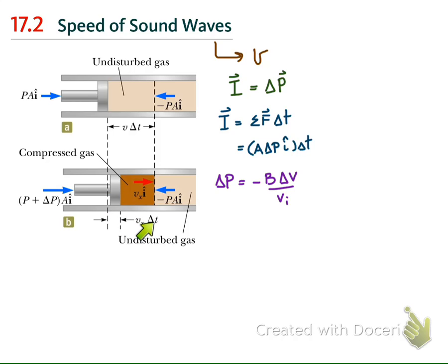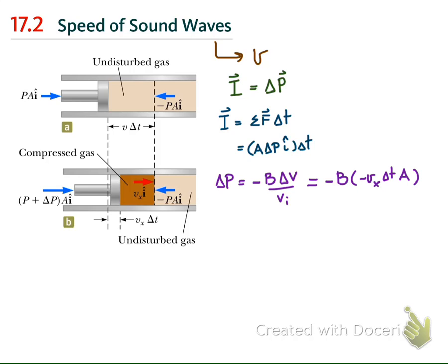And during the time delta t, the displacement of the piston is equal to Vx delta t. So we have that delta V is equal to minus Vx delta t times A. We need to put the minus sign here because the change of the volume is negative, since this is compressed.